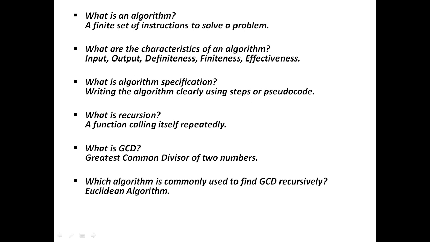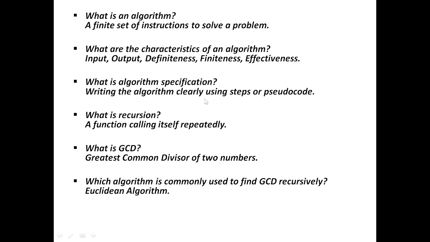Next question is, what is an algorithm? A finite set of instructions to solve a problem, or a step-by-step instruction which is used to perform a particular task, is also called an algorithm. What are the characteristics of an algorithm? Input, output, definiteness, finiteness, and effectiveness are the characteristics of an algorithm. What is algorithm specification?